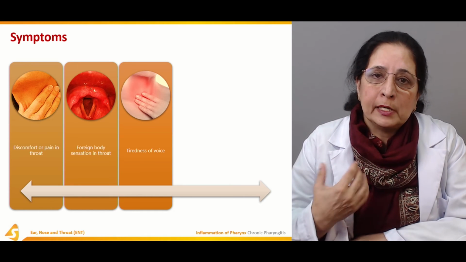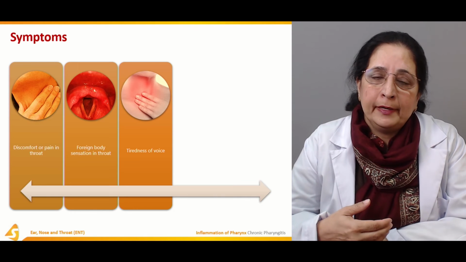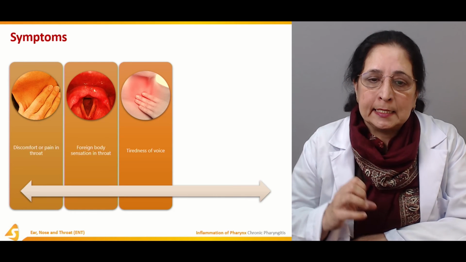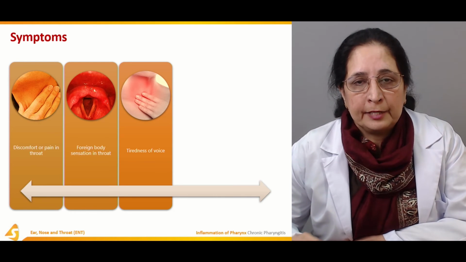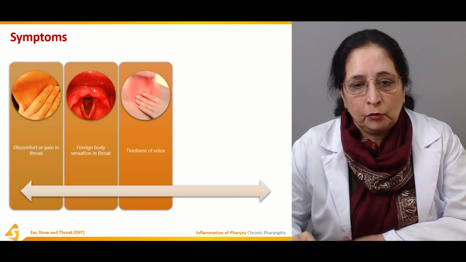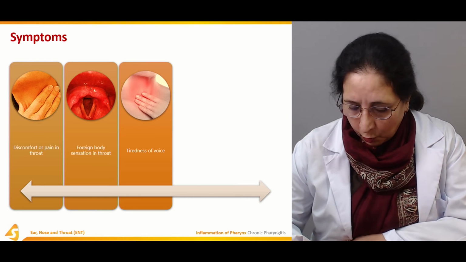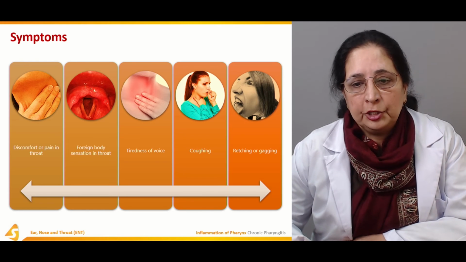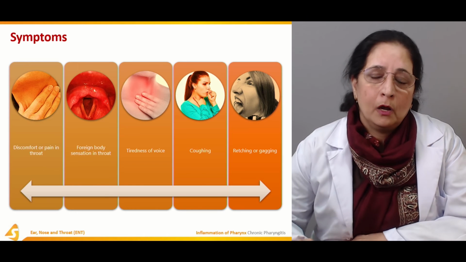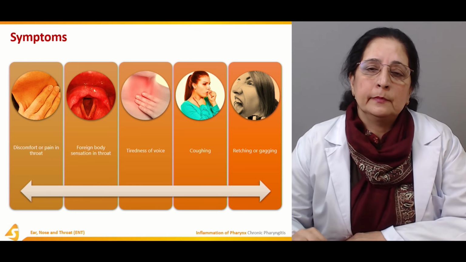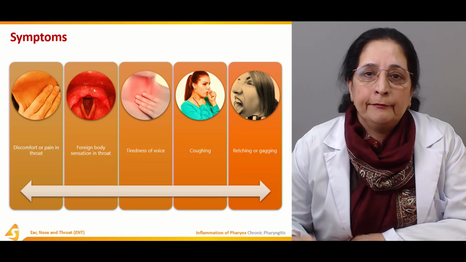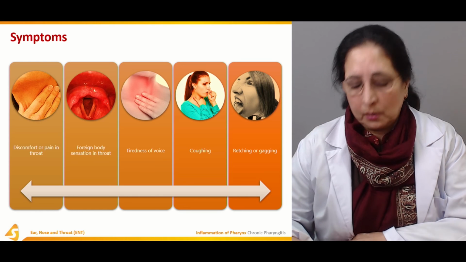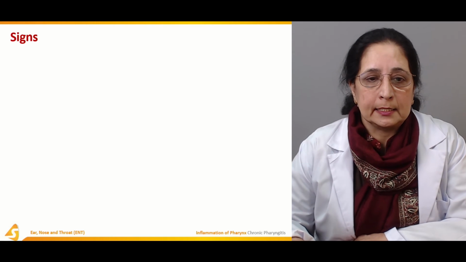They want to expel it by coughing and different means, but it stays there, and that is the sensation present in the throat. Tiredness of the voice, coughing, and retching or gagging. All these are symptoms of chronic inflammation of the pharynx or chronic pharyngitis.